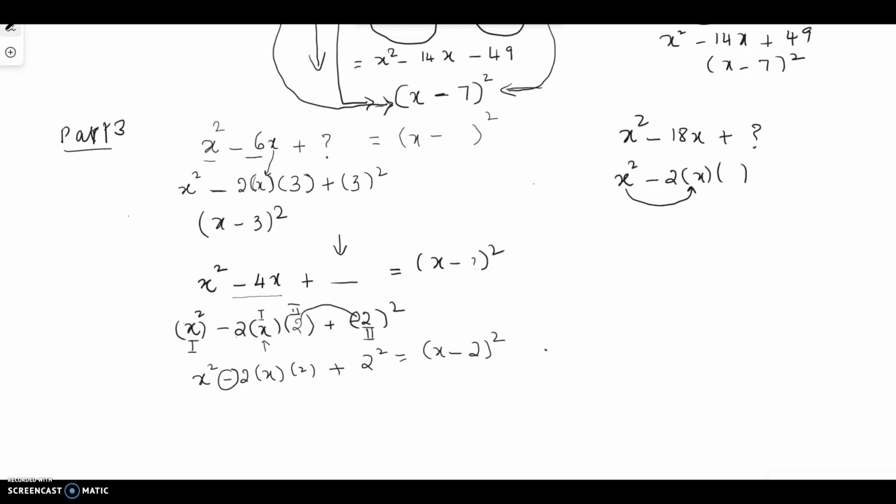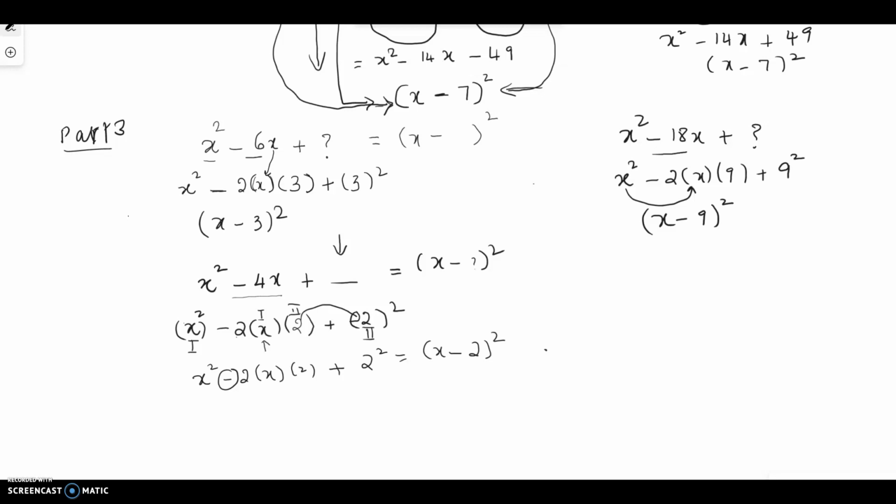So in order to make this equal to negative 18, we have a negative 2 times 9, which would make it a negative 18. And that's what I need to add here in order to make it a perfect square. So then that would be (x minus 9) the whole squared. So we would have to add an 81 in order to make it a perfect square.